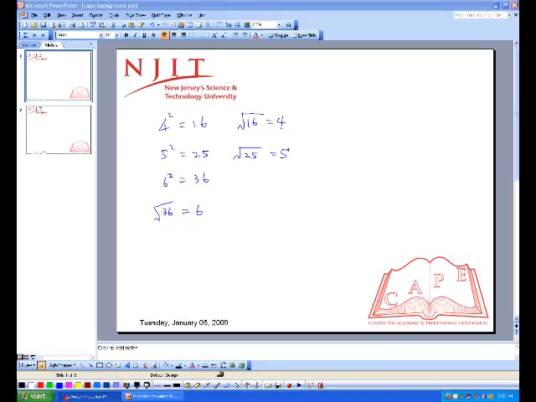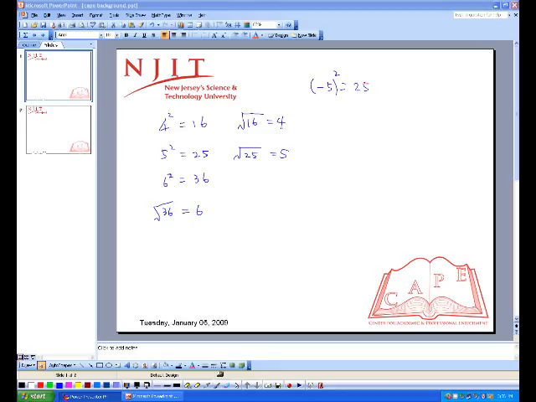So now we have to get into some technical details of a square root. You will never get a square of a negative number. That means even if you have negative 5 square, you will still have a positive 25, because negative and negative cancel out.